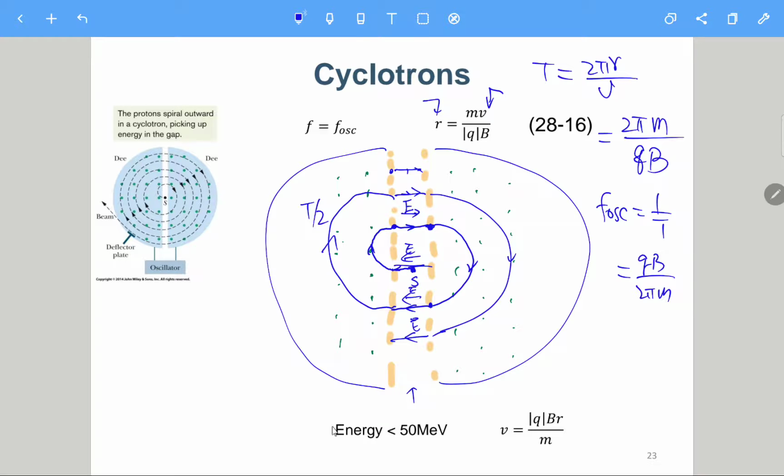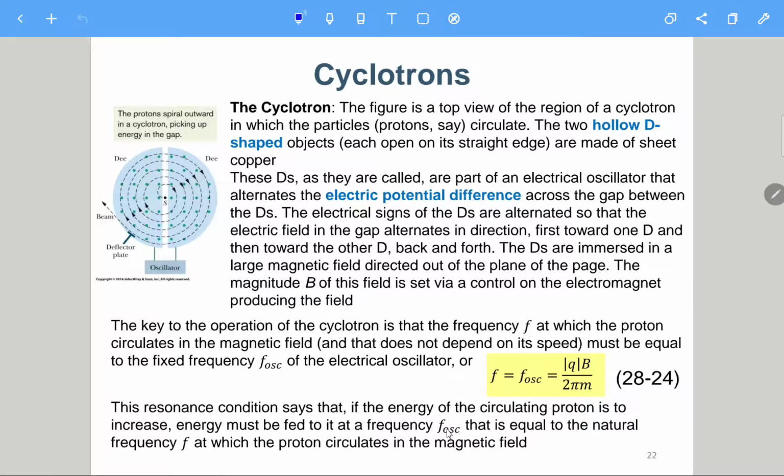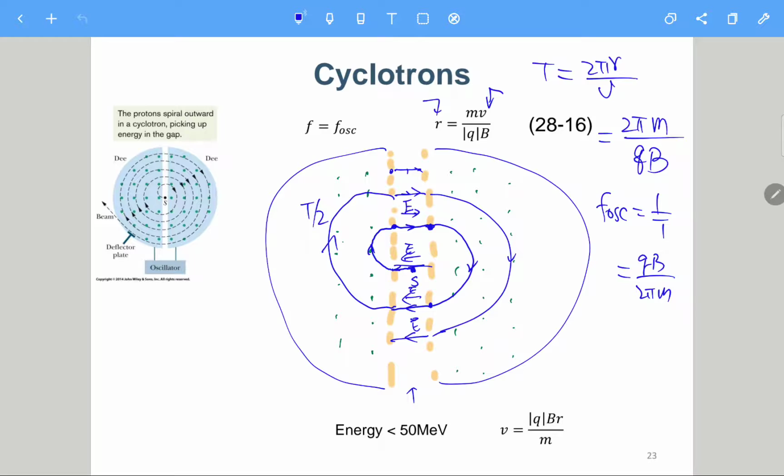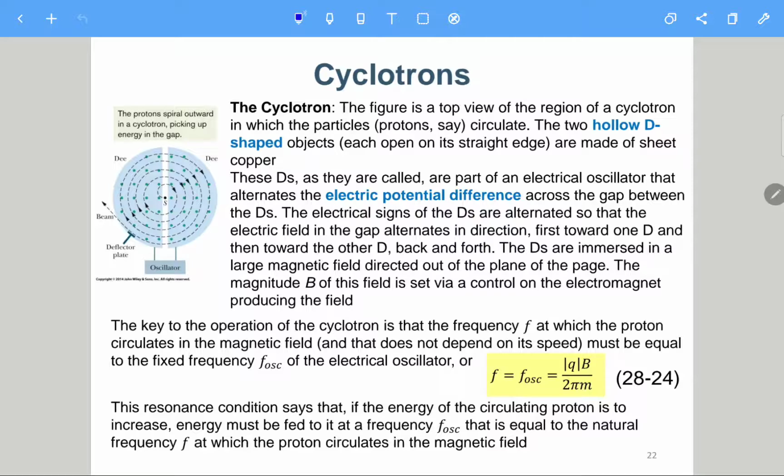So in this case, the limitation for this cyclotron is that the particle energy can be up to 50 MeV, which is relatively small. Because I'm not sure how large this can be, maybe in terms of a meter or kilometer. I'm not really sure.